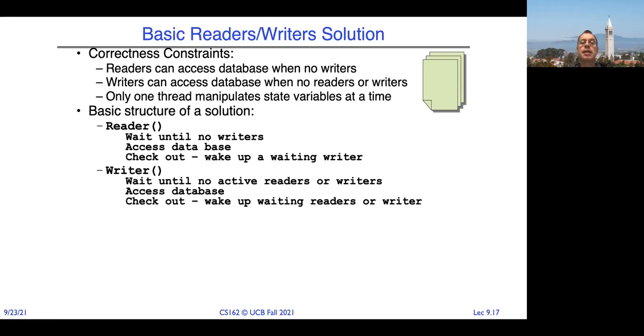But then there is another asymmetry. When a writer is done, it wakes up readers and writers, while when a reader is done, it only tries to wake up writers. Why this asymmetry? Why do you think the reader is not just waking up the readers?